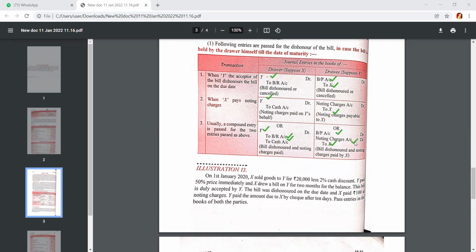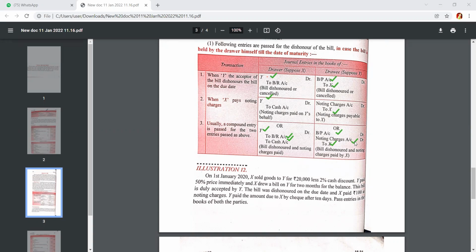So in a way, we can put the entry all together. These two entries can be done separately for the dishonor and noting charges paid, or it can be done combined, because ultimately the noting charges are to be due by the Y, and Y is the drawee.